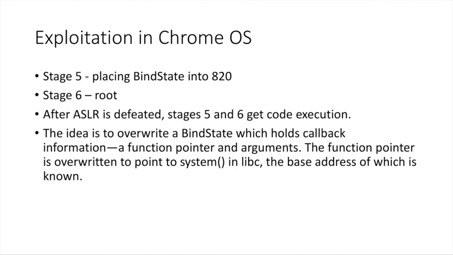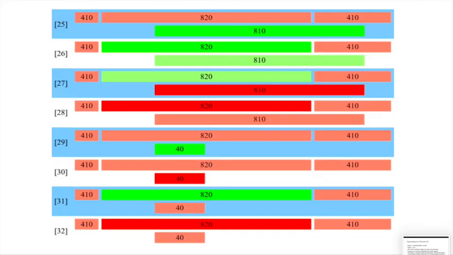The idea is to overwrite a bind state which holds callback information, a function pointer, and arguments. The function pointer is overwritten to point to system in libc, the base address of which is known, and the first argument is overwritten to point to a shell command string crafted into the 820 slot, the address of which is also known.